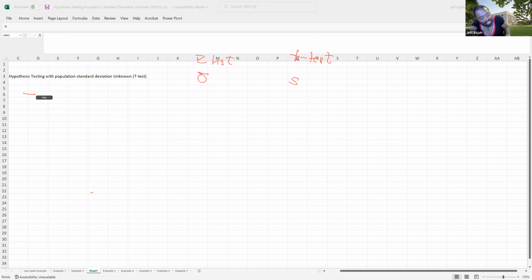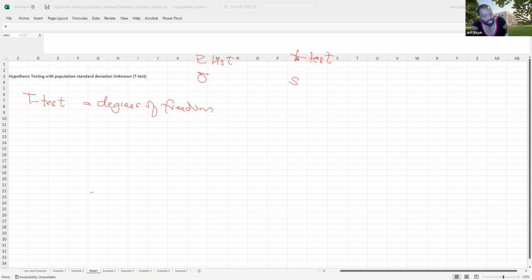Now, the test stat uses what we call degrees of freedom. One way to understand this is, to solve with a t-test, you need to find out how many numbers, or sample size, are truly free. Now, usually in any given scenario, for one set of data, only one value is not free, right?